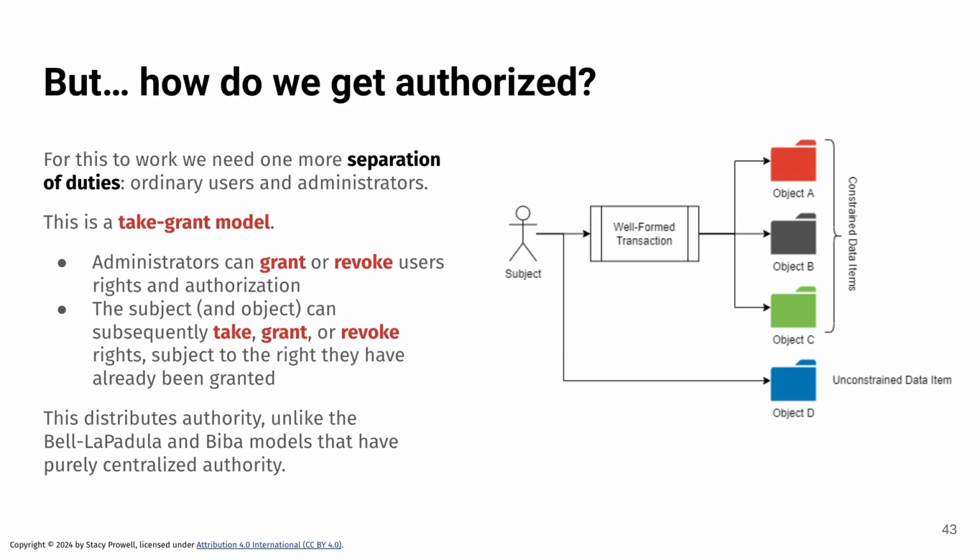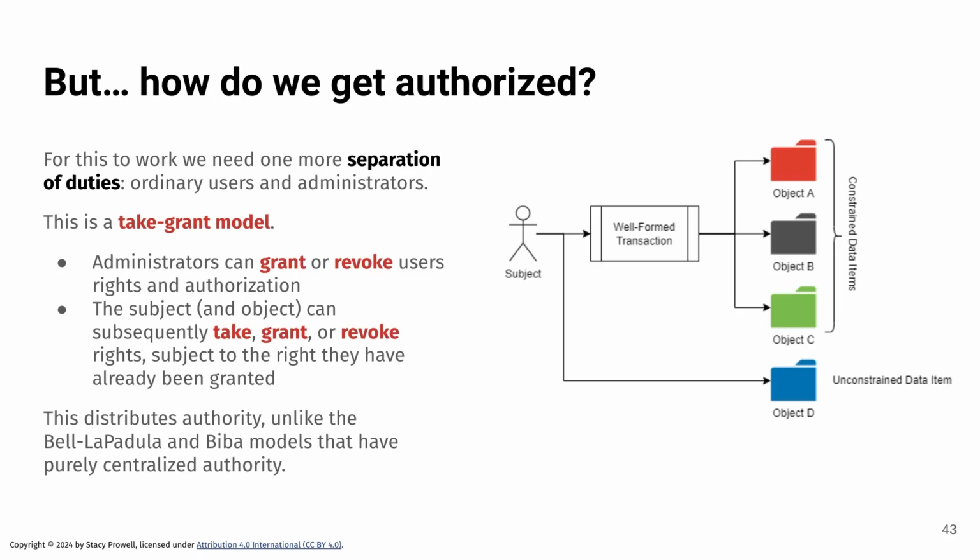The trick here is that then the subject can take, grant, or revoke rights subject to the rights they've already been granted. This might mean that I am given access to a particular object and I am allowed to add other people to that object, to give other people access to that object.